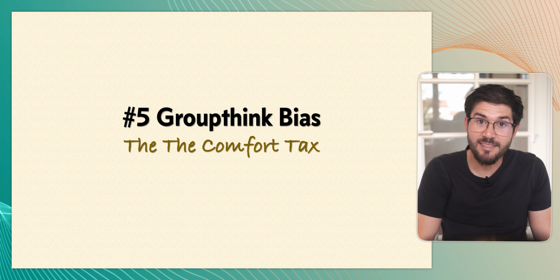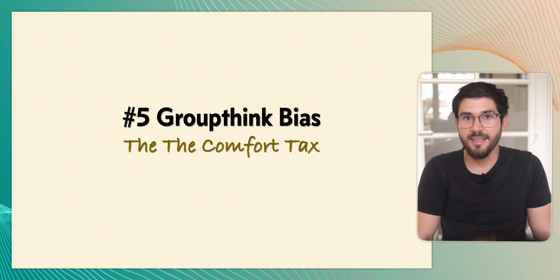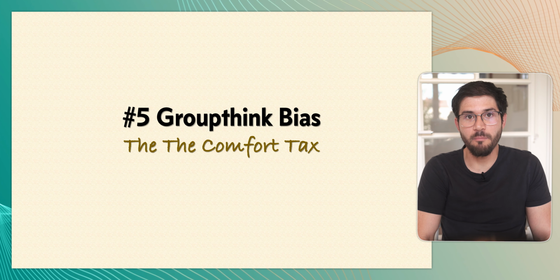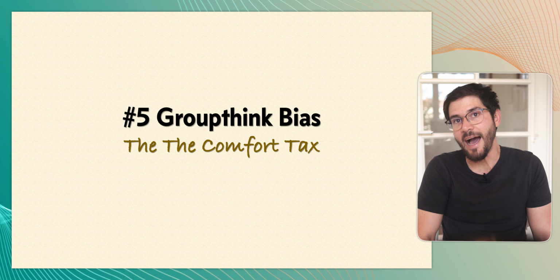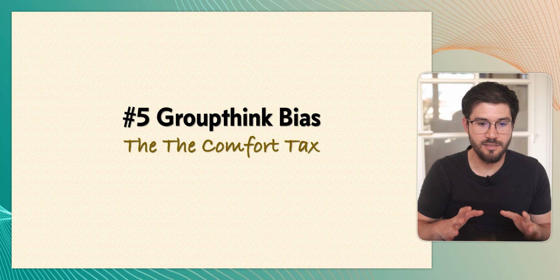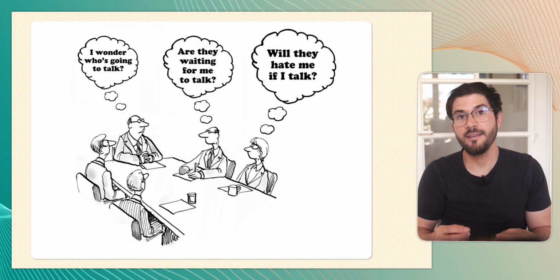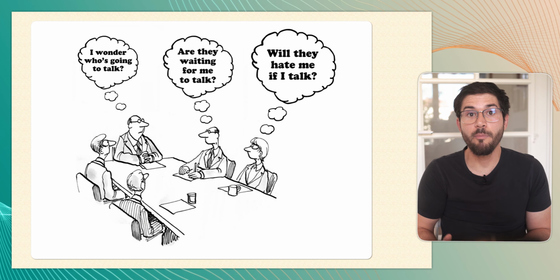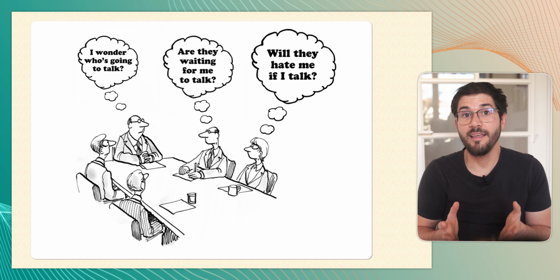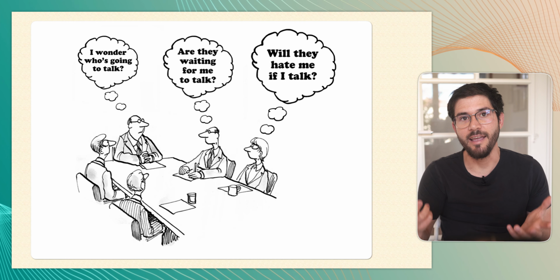And the last bias I want to talk about today is called groupthink. It is one of the most dangerous ones because it hides behind something that feels good, which is this idea of harmony. Groupthink happens when a group of people stop asking the hard questions, like, why could this idea fail, for example?